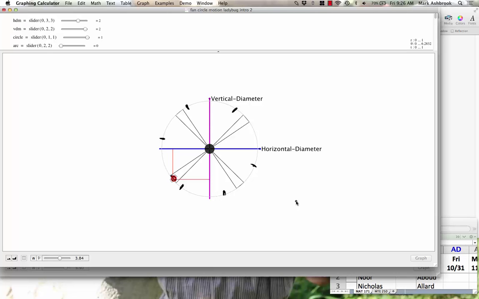I'll give you some help there for the angle. And then I want you to estimate the coordinates in feet. So estimate the coordinates in fraction of a radius length, sine and cosine, and then estimate the coordinates in feet.